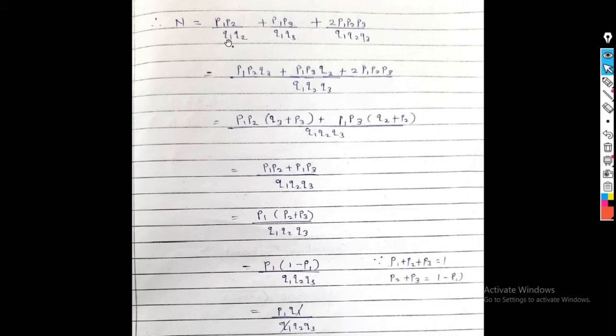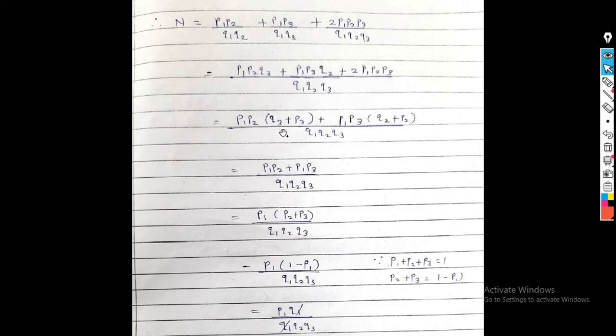So take the LCM, which is q1 q2 q3, and adjust the terms: p1 p2 is multiplied by q3, p1 p3 is multiplied by q2, plus 2 times p1 p2 p3 as it is, divided by the LCM q1 q2 q3. Now p1 and p2 are common, we can take them out.